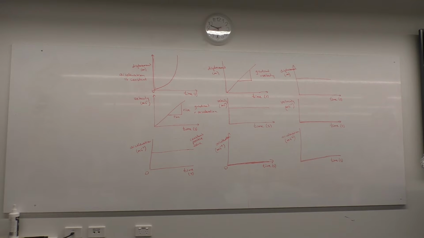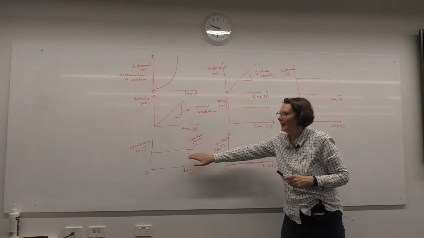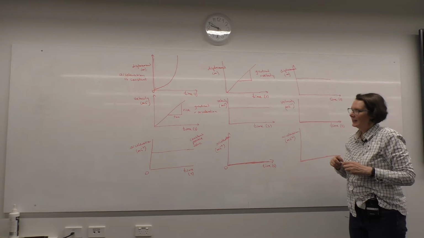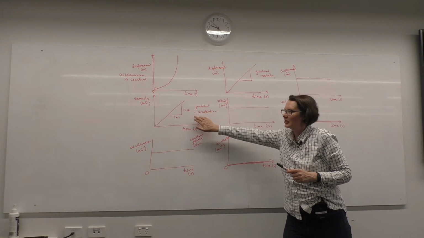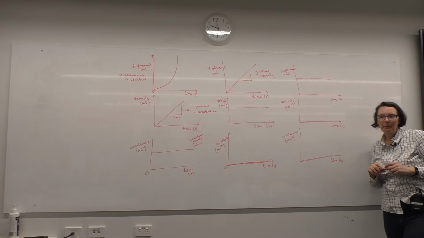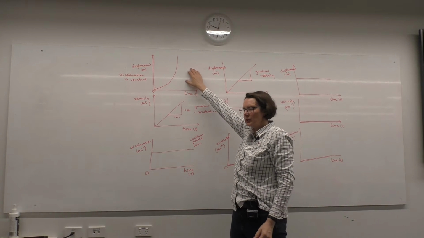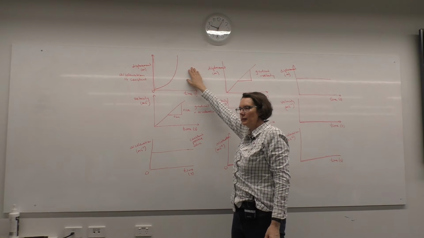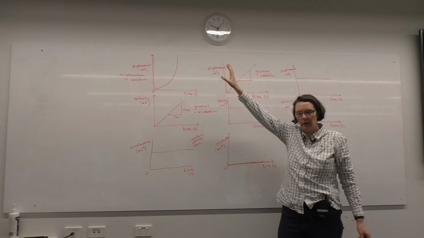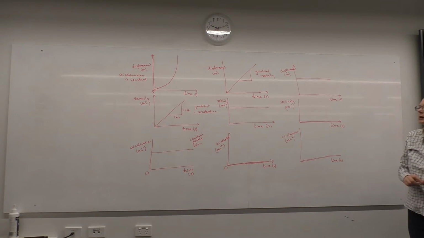So what you might notice, there's a bit of a pattern here. I've got that, and that all look the same. These two look the same, and these ones look the same. So like I said, if we've got acceleration, we'll only see a curve in the displacement or distance. We won't see it in any of the others.